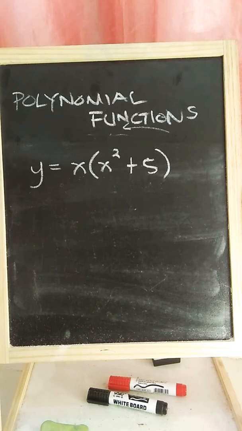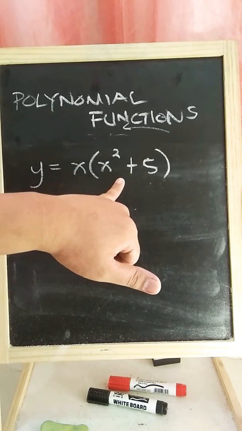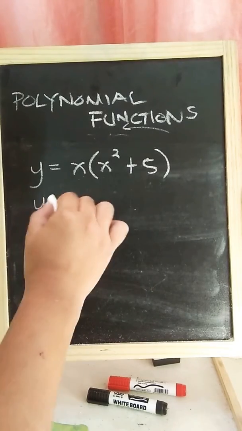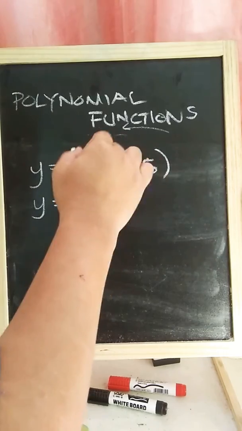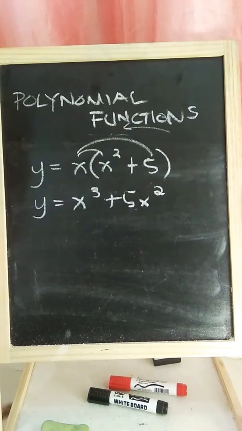So in this case, you have to distribute the x with this binomial. So that's what we will do first. We have now y is equal to x cubed plus 5x squared. And this is now your standard form.